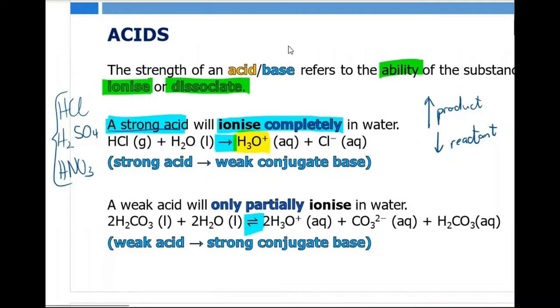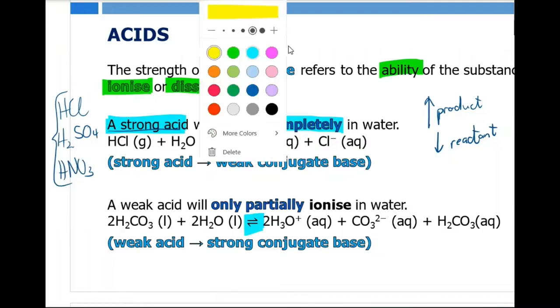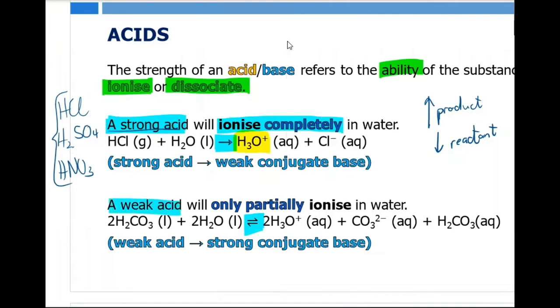All right, and now the flip side is true. Whenever you look at a weak acid, it's the way in which they react. A weak acid has a little bit of reactant, a little bit of product, a little bit of both. It's not completely ionized.